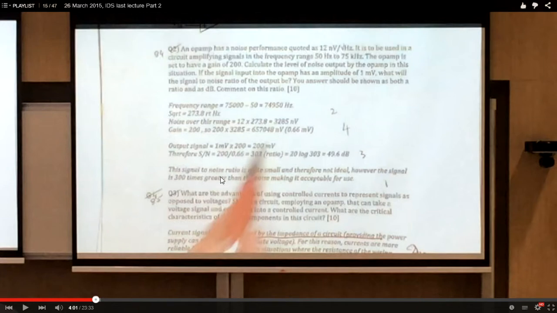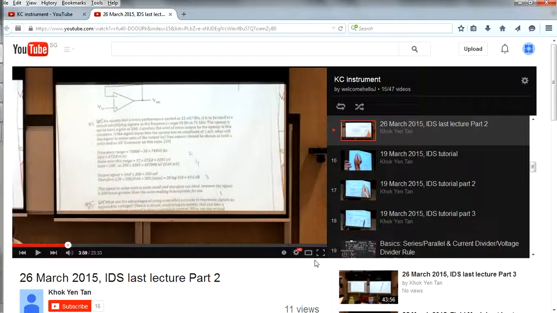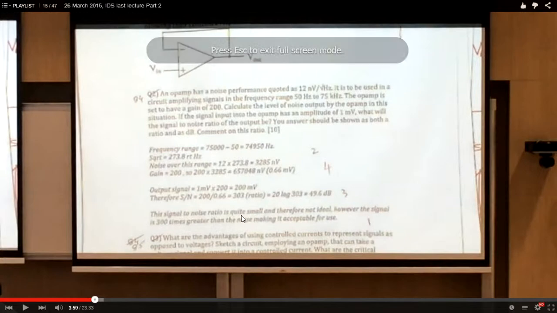So the signal to noise ratio is quite small and therefore not ideal. Okay, why not ideal? Frankly, I don't know why the signal to noise ratio is quite small. I searched for a long time. If you take input signal as 1 millivolt, compared with 12 nanovolt input noise, the difference is actually quite big if you do signal input divided by input noise.